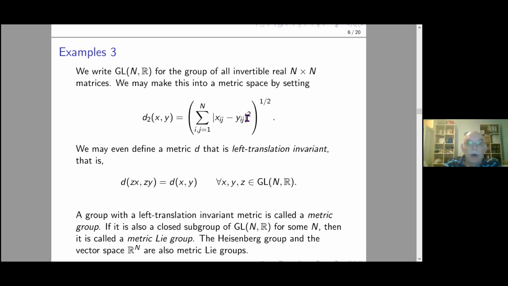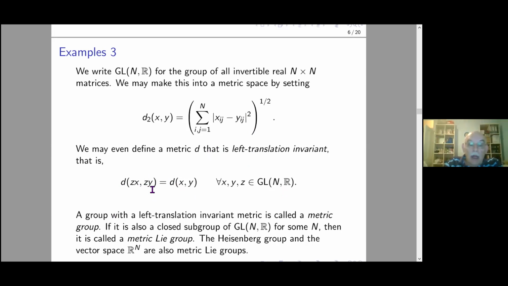What is probably more interesting is that we can also define a metric that is left translation invariant. So if I take points x, y, z in this group, the distance between x and y is the same as the distance between zx and zy.